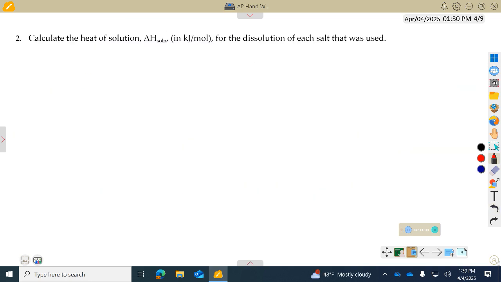Well, for number 2. Number 2 now says to calculate the heat of solution for the dissolution of each salt. Now, delta H soln means heat of solution. This is the energy change for the dissolving process.